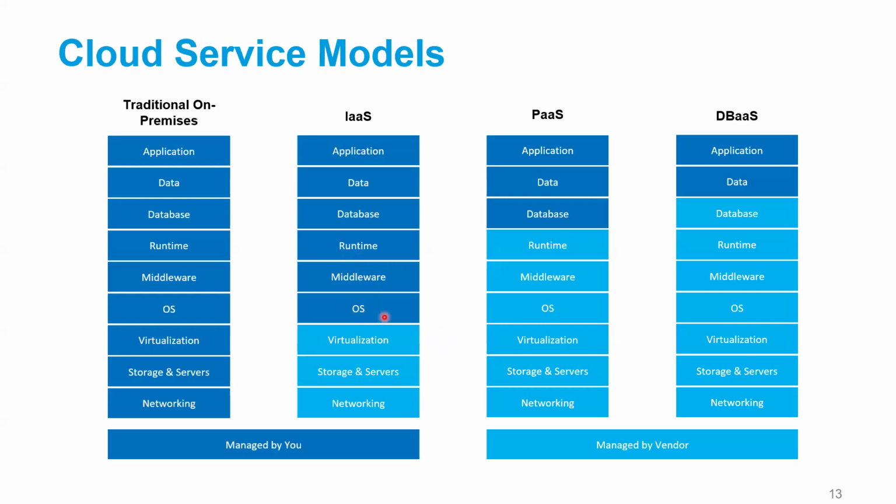You may want to install a database on that machine, or install some web application. And then, yes, data and application are managed by you. But networking devices, storage, servers, and virtualization are managed by the vendor only.